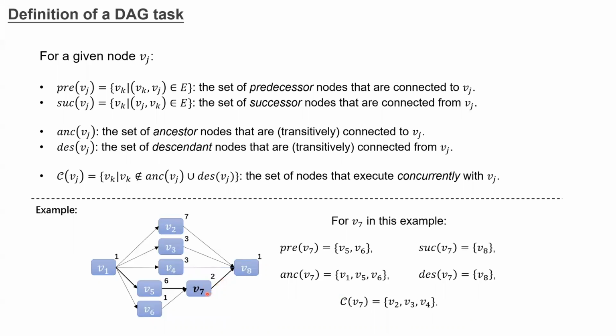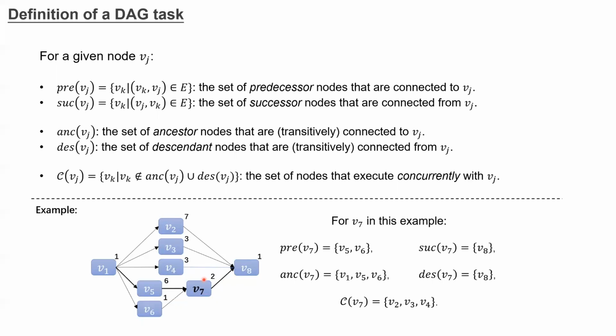In addition, it has a set of ancestors and descendant nodes that are transitively connected to and from this node. In this example, the ancestors are node 1, 5, 6, and the descendant is node 8. Lastly, it has a set of nodes that can execute concurrently with node 7, which are node 2, 3, and 4.